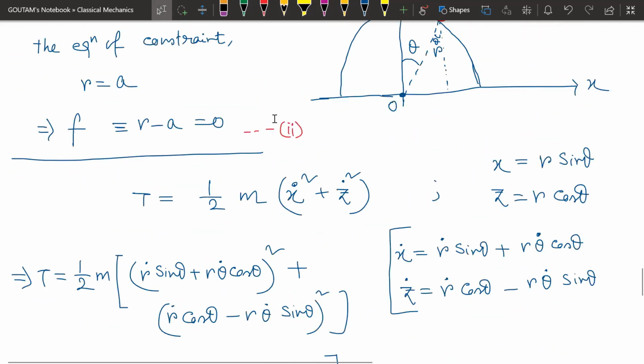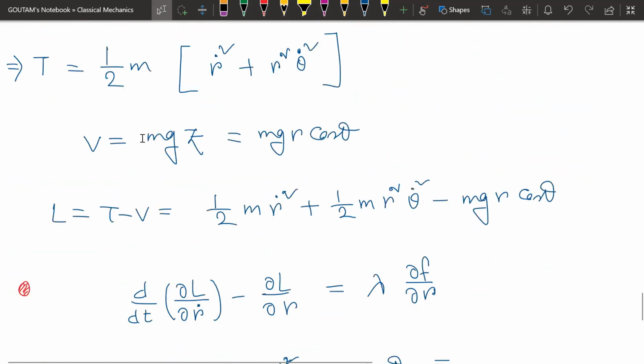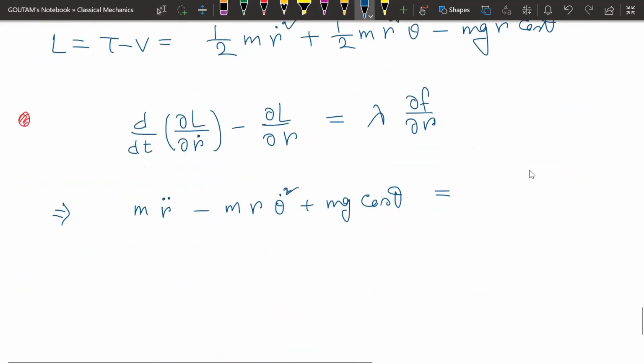Let's look at f, equation 2. This ∂f/∂r is 1. So we will get equals to lambda, because ∂f/∂r equals 1.